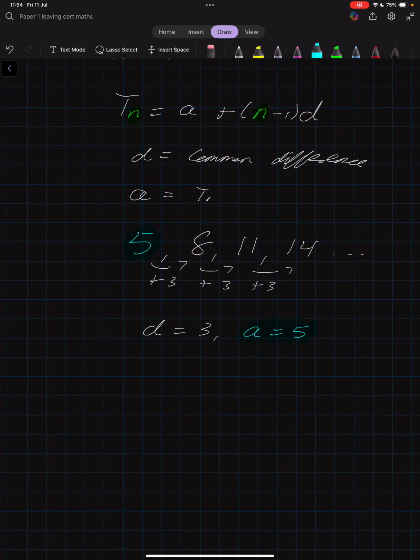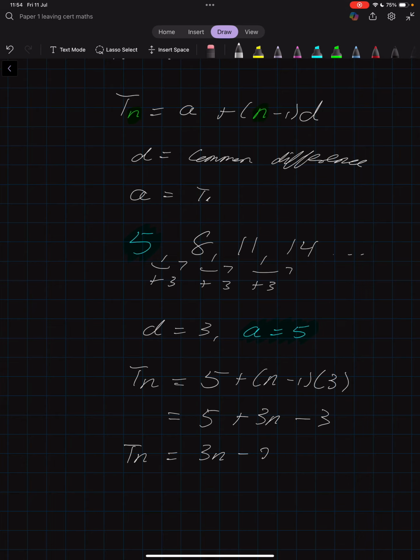Now if I asked you to solve for Tn, Tn is equal to a, which is 5, plus n minus 1 times d, which is 3. This is equal to 5 plus 3n minus 3. So Tn is equal to 3n plus 2.